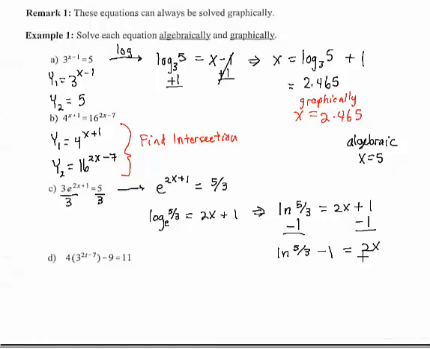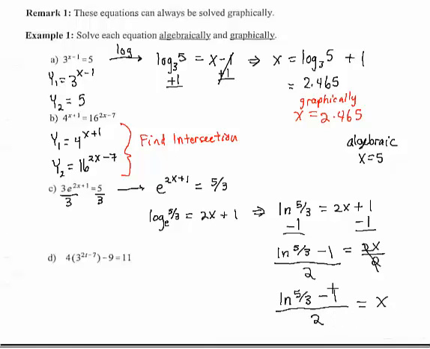And now the x is being multiplied by 2, so we divide both sides by 2. The 2's cancel, and we have ln of 5/3 minus 1, divided by 2, equals x. So here's our algebraic solution.